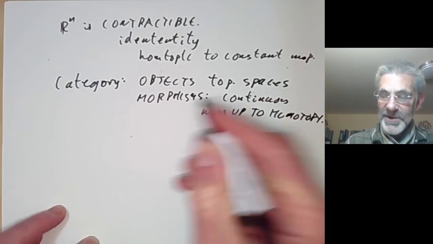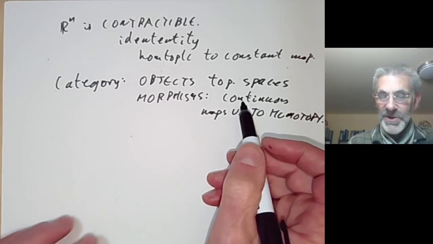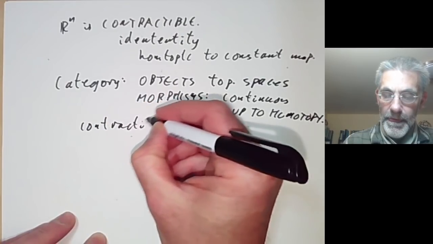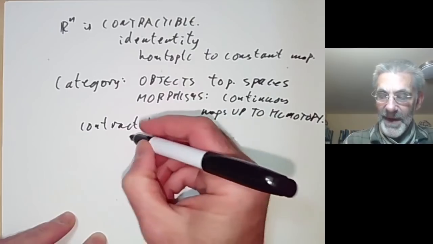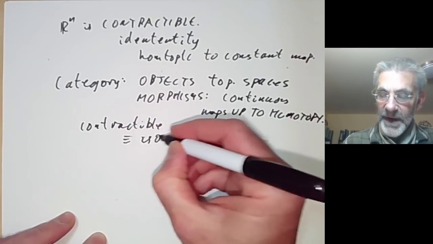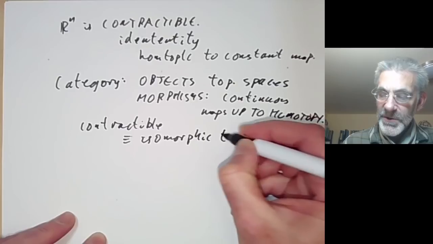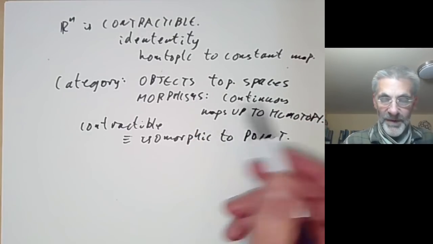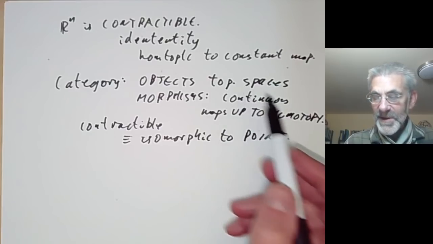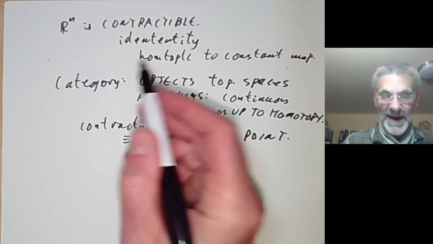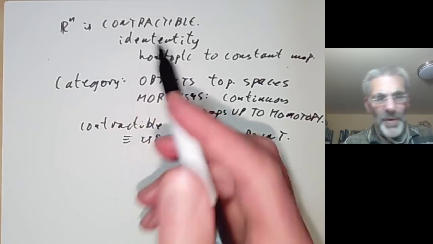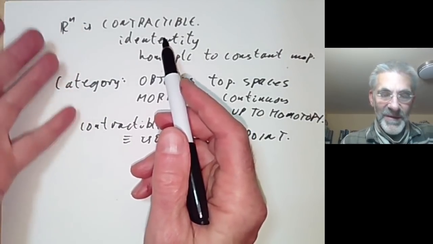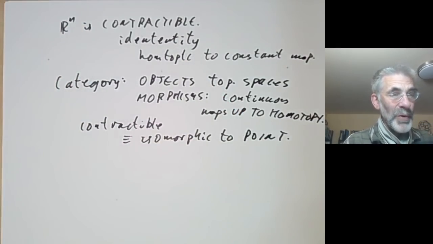In other words, you consider two continuous maps to be really the same if they're homotopic, then contractible sets are just the sets that are isomorphic to a point in this funny category of topological spaces and homotopy classes of continuous maps. So a homotopy theorist thinks that an n-dimensional vector space is indistinguishable from a point.